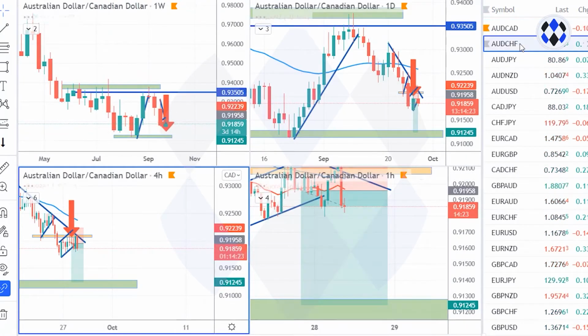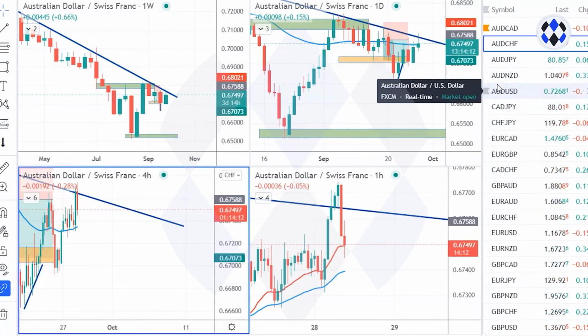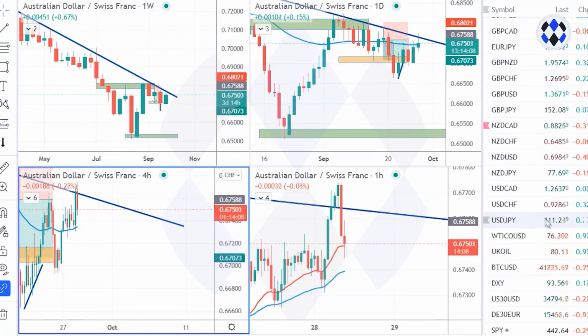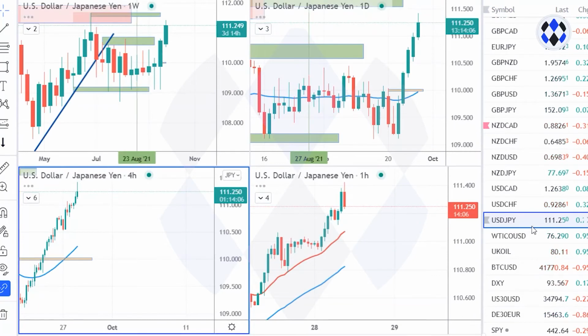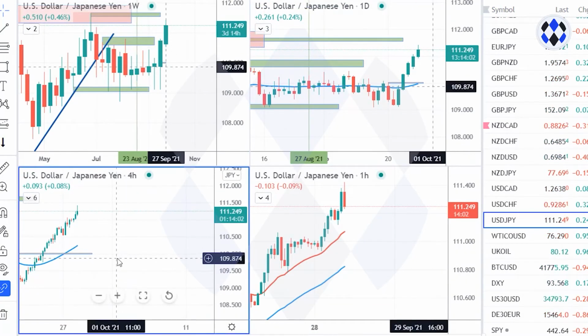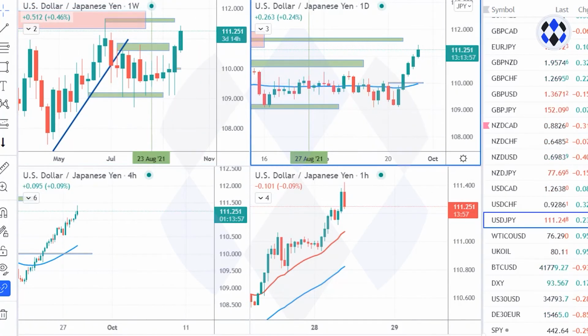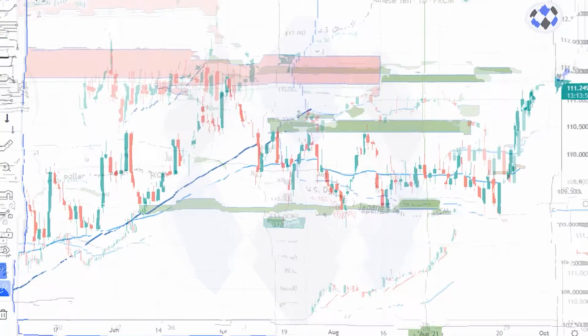Alright, if we're looking at some of the obvious pairs, if we have, for instance, the dollar going up and some of the commodity currencies going up, but the euro, the Swiss and the yen going down, we could have a look at something like the dollar yen. Now, as you can see, the dollar is strong, the yen is weak, and what I'm looking for, you can see the break up. We have been in a long consolidation phase here.